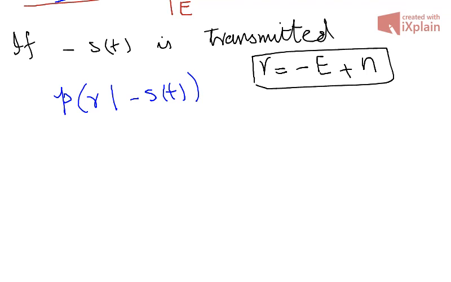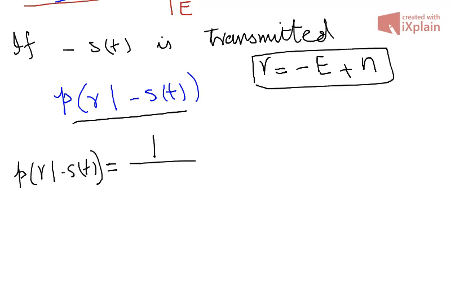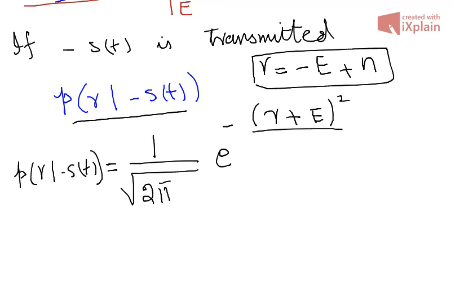And if you find out the conditional PDF of R, the PDF of R given that minus S of t is transmitted, I'll write it directly, you can derive it: 1 over root 2 pi sigma squared, and instead of sigma square we are writing just unity, so here sigma square should appear if the variance is not given, E raised to the power minus (R plus E) whole square over 2.